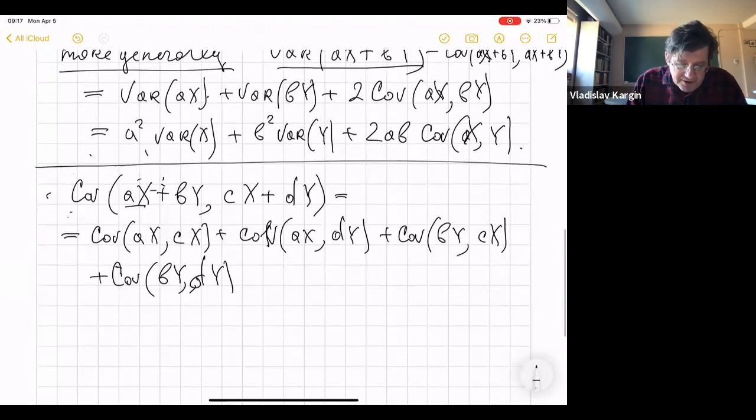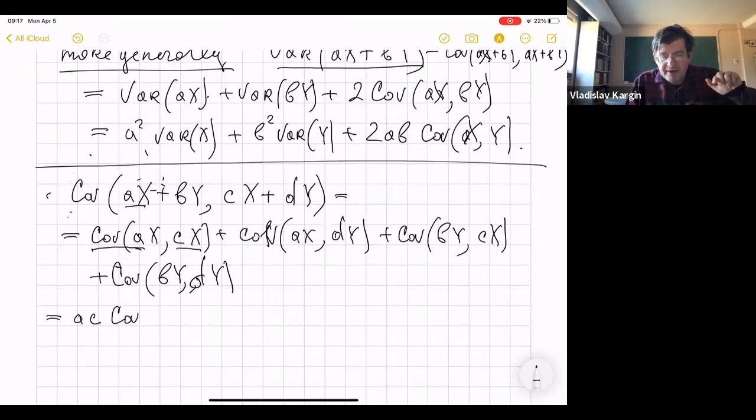After that, I look attentively at all of them. Another property of the covariance is that a and c are just numbers, so you can take them outside. You can write that this is equal to a times c times the covariance of x and x.